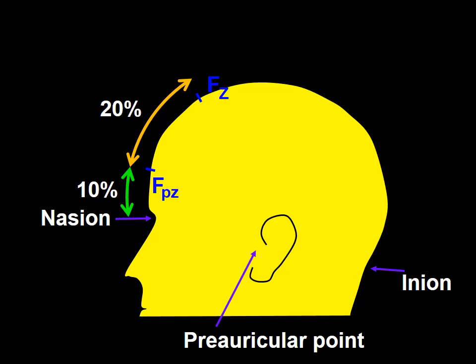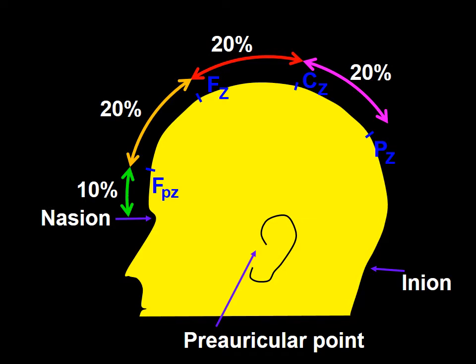The next placement is 20% above the FPZ site, and this is the location for the FZ electrode. 20% above that is CZ, 20% above that is PZ, 20% above that is OZ, and from OZ to the inion there should be the same distance as from FPZ to the nasion.